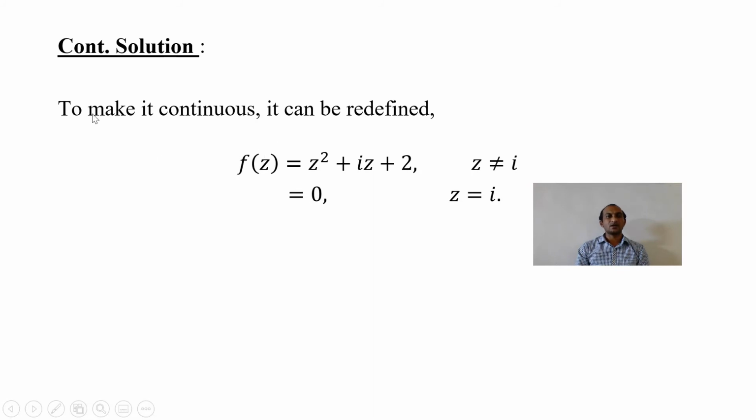To make it continuous, it can be redefined: f of z is the same, and f of z is 0 where z equal to i. That means f of i is 0. Then our function is continuous.